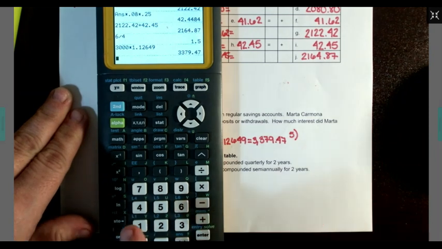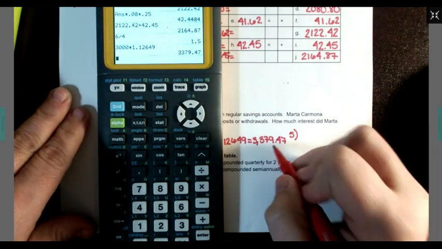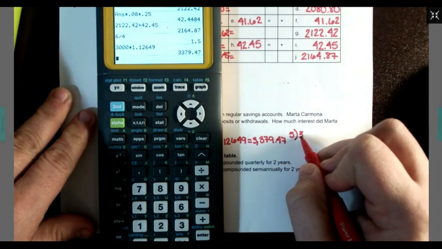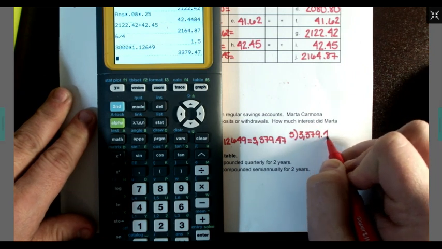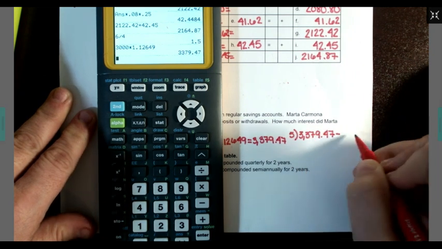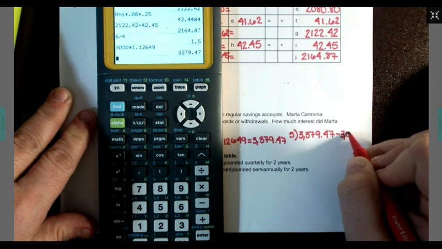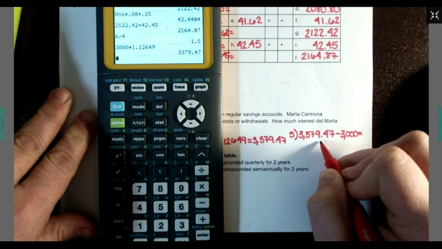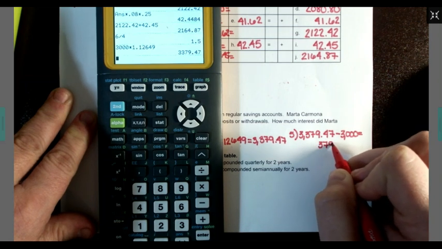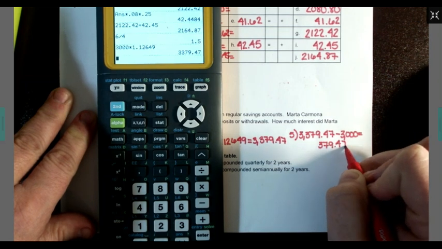Step 5. To find the compound interest, we're going to take our answer from 4, $3,379.47, and we're going to subtract our original principal, which is 3,000. That gives me $379.47.